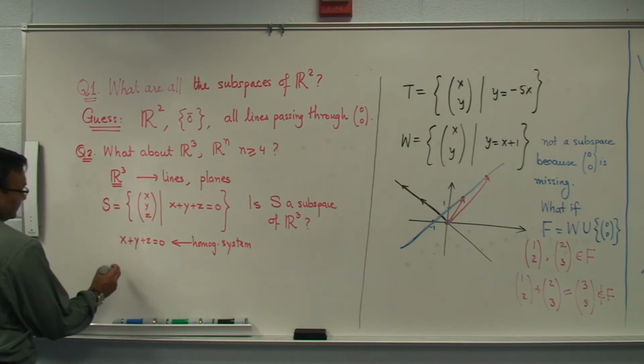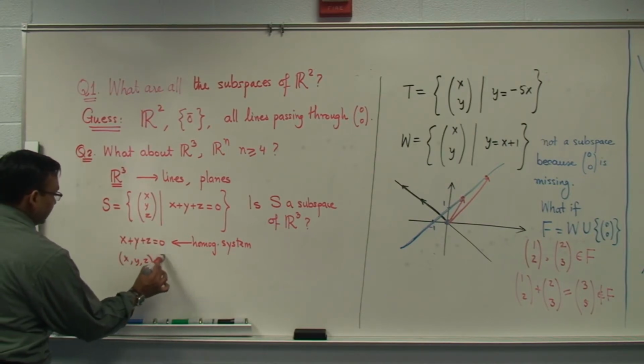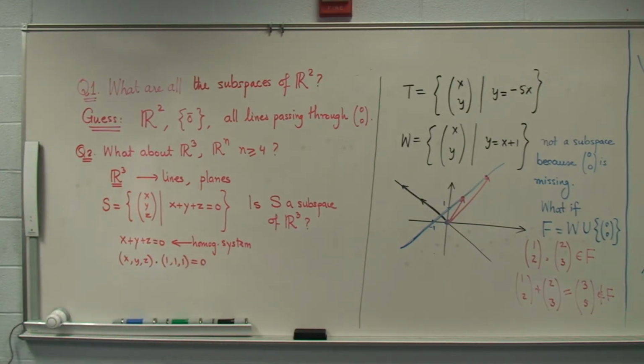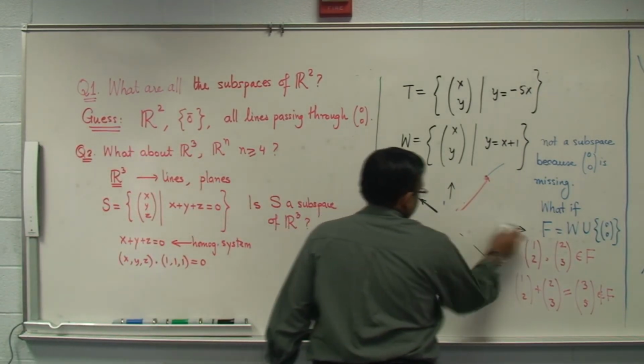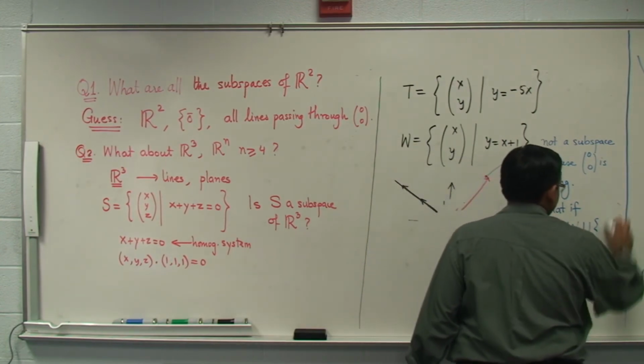Another way of looking at it is as follows. Look at this. Can I say that this tells me that the dot product of these vectors is 0? So in some sense, this is a collection of all the vectors which are orthogonal to 1, 1, 1. I'm just showing alternate ways of looking at the same thing, which can perhaps enhance our experience.